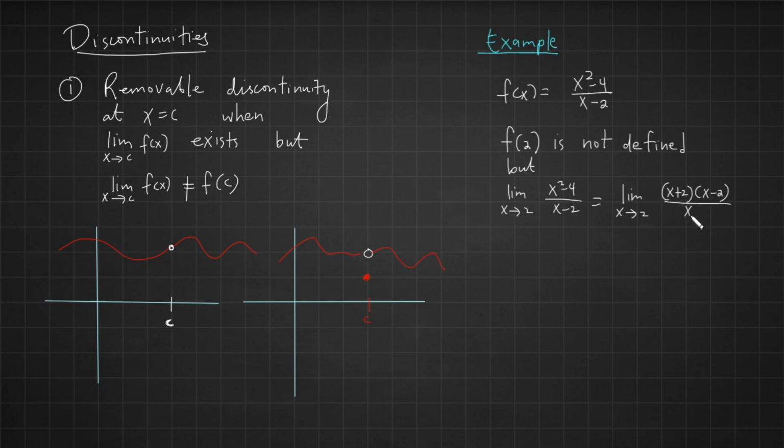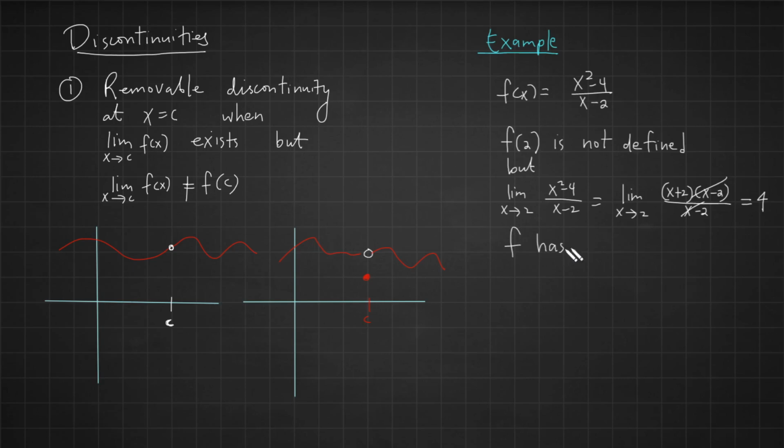The denominator is x minus 2. Makakancel yung x minus 2 at ang matitira ay x plus 2. Therefore, the limit is equal to 4. So, the limit exists, it's equal to 4, but the function is not defined when x is equal to 2. So, therefore, meron tayong removable discontinuity.